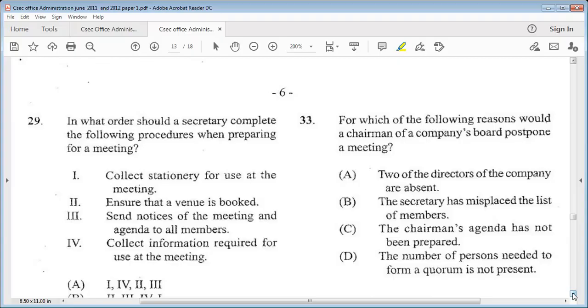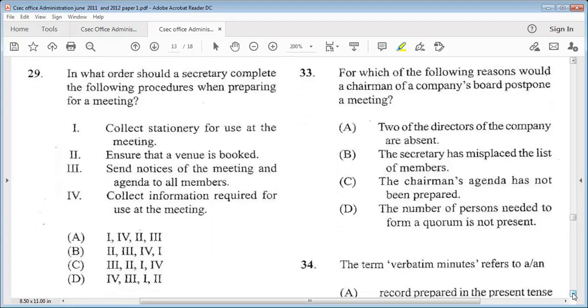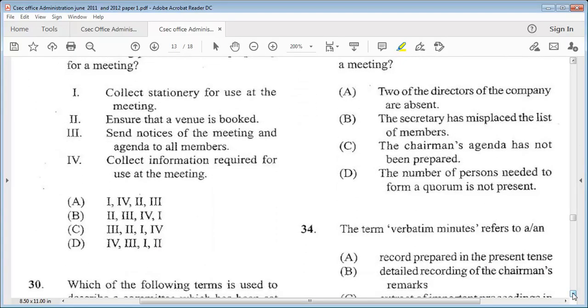Send notices of the meeting and agenda to all members. 4. Collect information required for use at the meeting. So let's look at our options. Is it A, 1, 4, 2, and 3, or B, 2, 3, 4, and 1, or C, 3, 2, 1, 4, or D, 4, 3, 1, then 2?